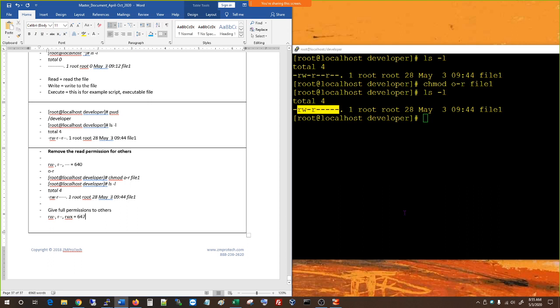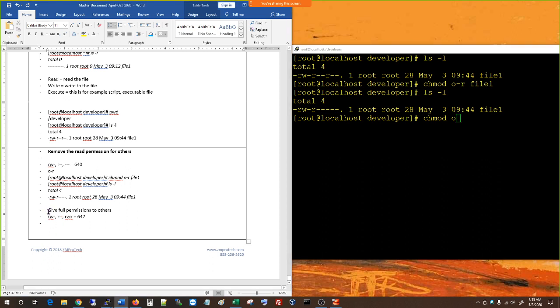And what is the other way we're going to give it using the letters? chmod o, others, right? I'm worried about others here. So what is the way I'm going to give it to them? Plus what? It's going to be r, w, x.